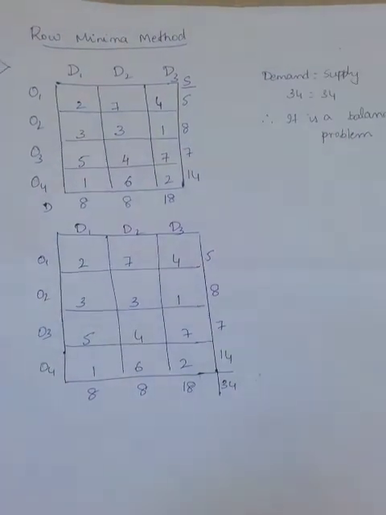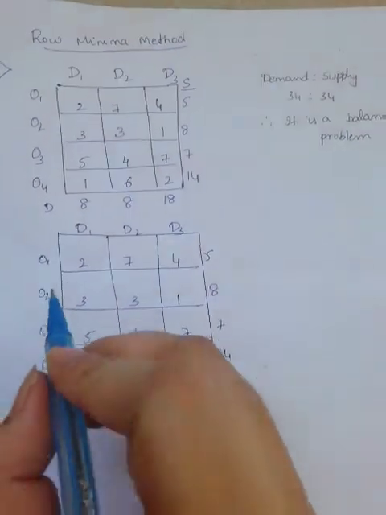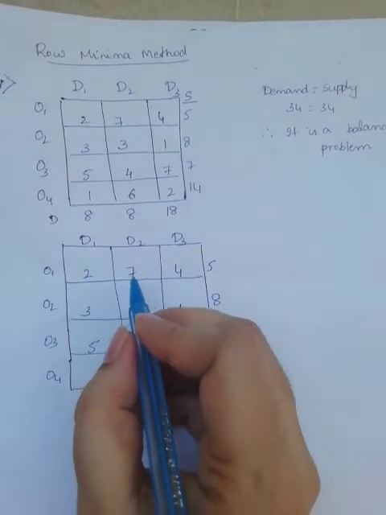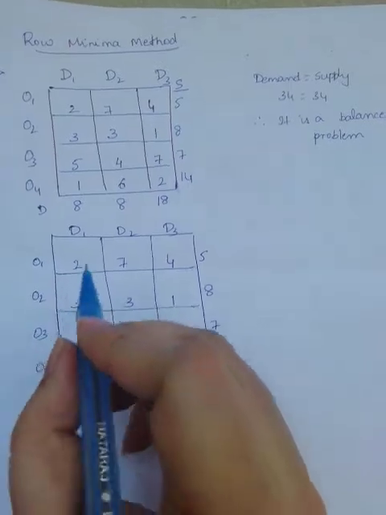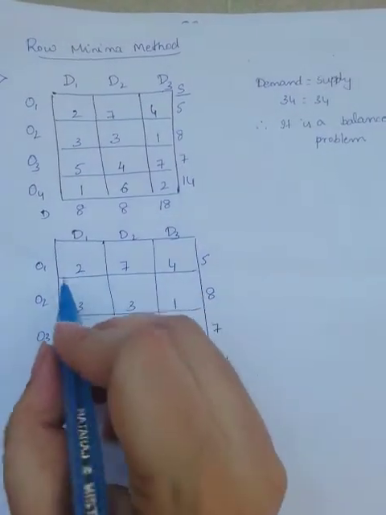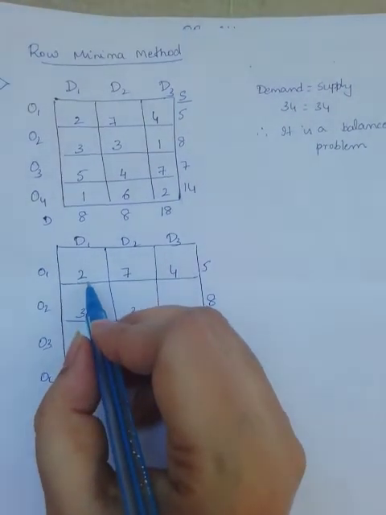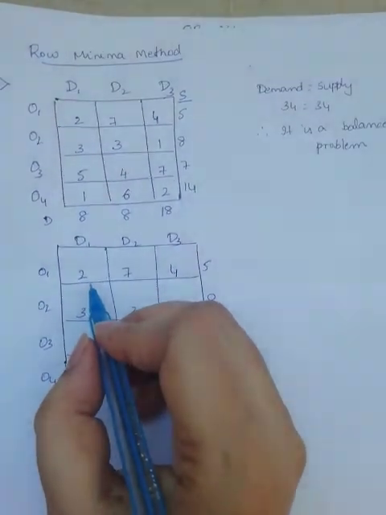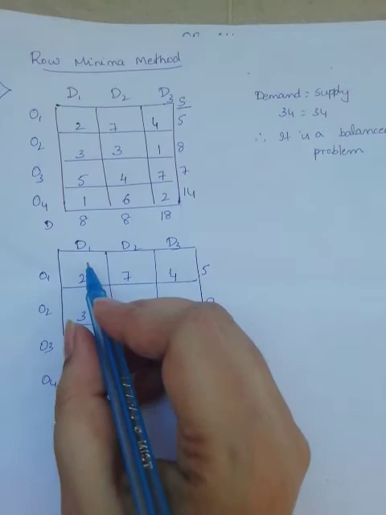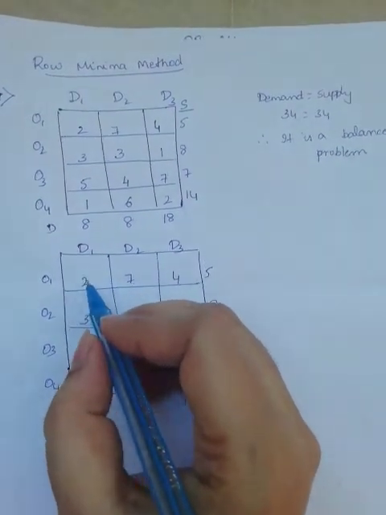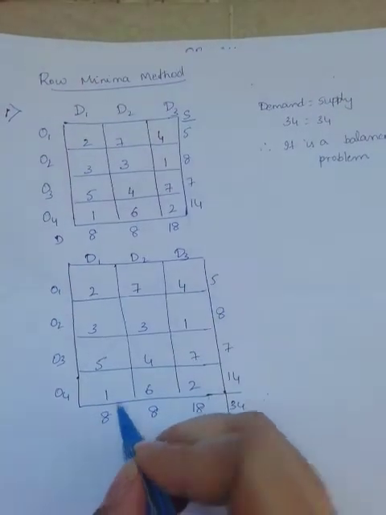So first we need to select the first row. After selecting the first row, we need to check which has the least cost. So in these three cells, 2, 7, 4, 2 is the least cost. So we are going to allocate the values for 2. So let us check the demand and the supply.